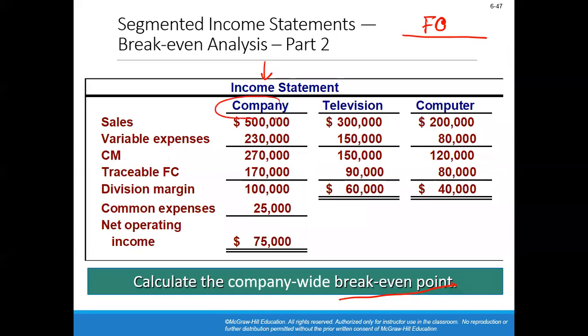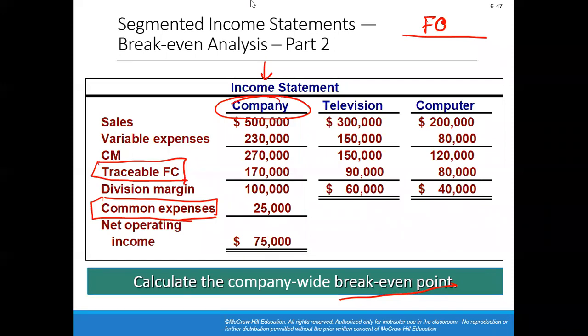Remember, we are thinking of the break-even point of the company, not the individual segments, television and computer. Should the fixed cost include only the common expenses, or should it also include the traceable fixed cost?